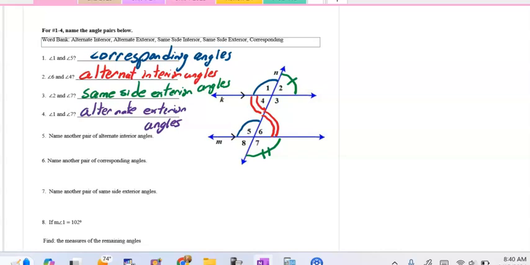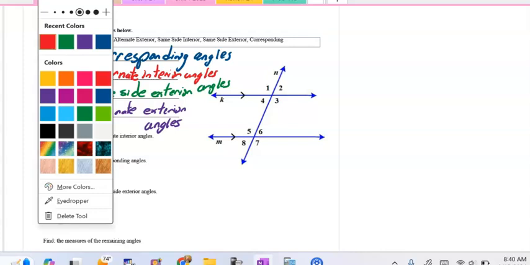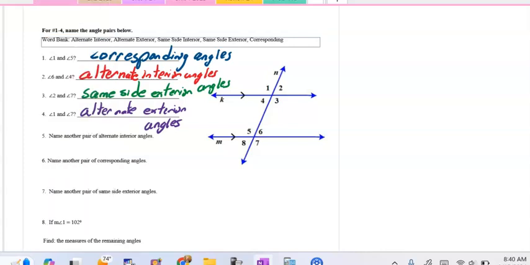And then we could name some other pairs, and there's other answers potentially for these. Another pair of alternate interior angles, besides the one that is listed up there, angle 6 and angle 4, we could say another pair of alternate interior angles are angle 3 and angle 5.